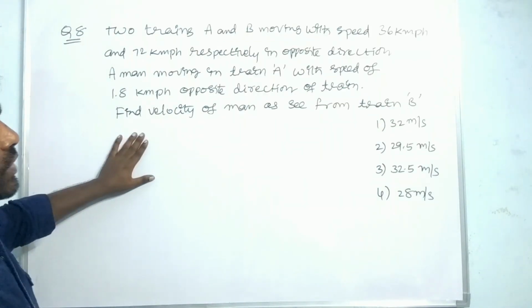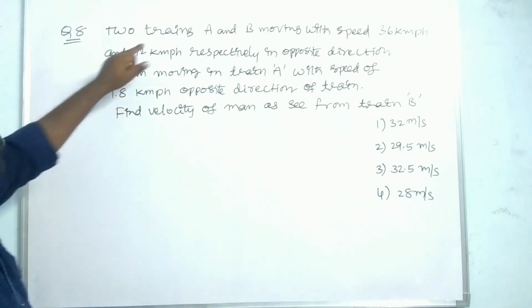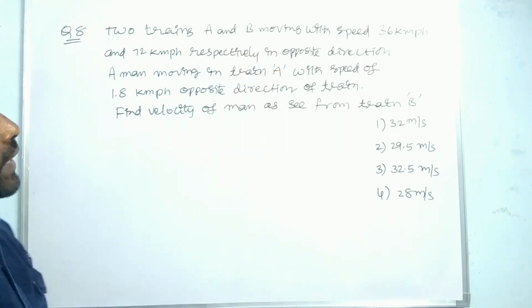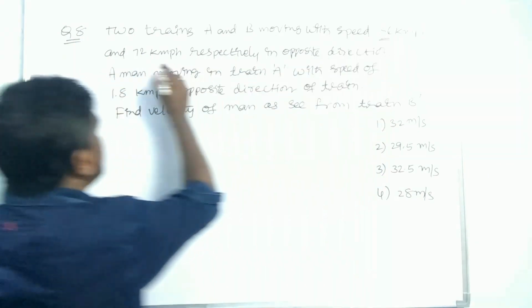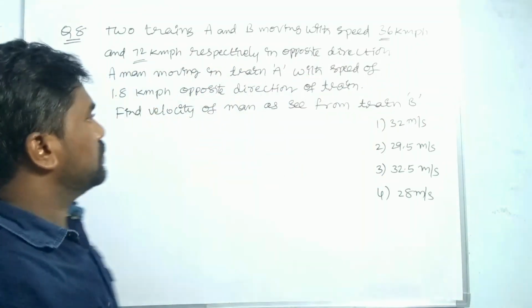Here the next question is from kinematics, motion in a straight line. Two trains A and B are moving with speeds 36 kmph and 72 kmph respectively in opposite directions.